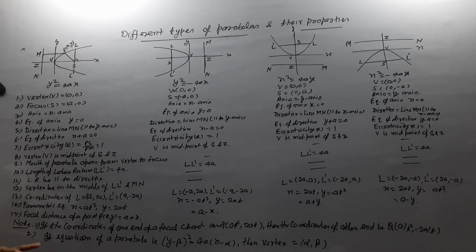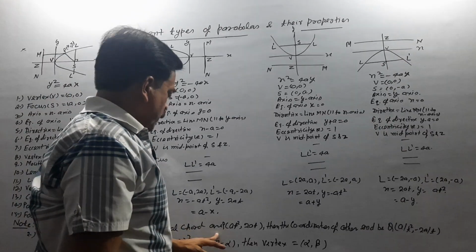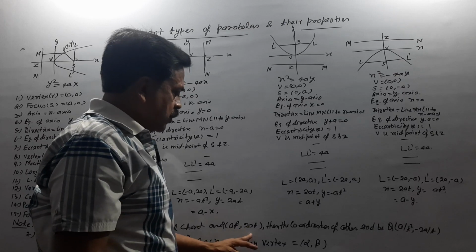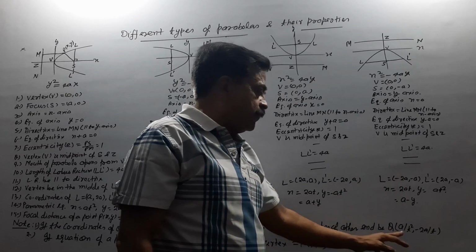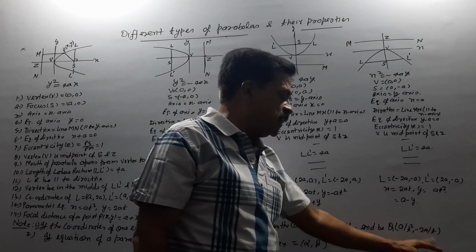And two notes. First note: if the coordinates of one end of a focal chord are (a t square, 2at), then the coordinates of the other end are (a upon t square, minus 2a upon t).